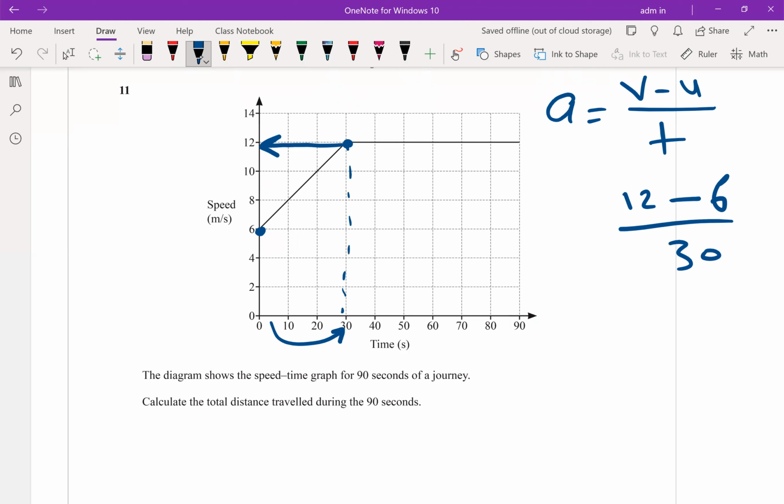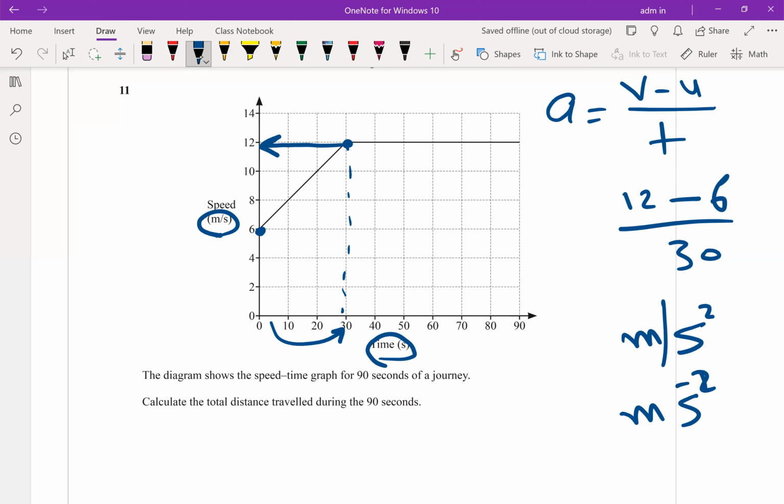But what is the unit of acceleration? If the unit of velocity is meter per second and the time is in seconds, the acceleration is meter per second squared. We write it as m/s squared, or ms to the power of -2.